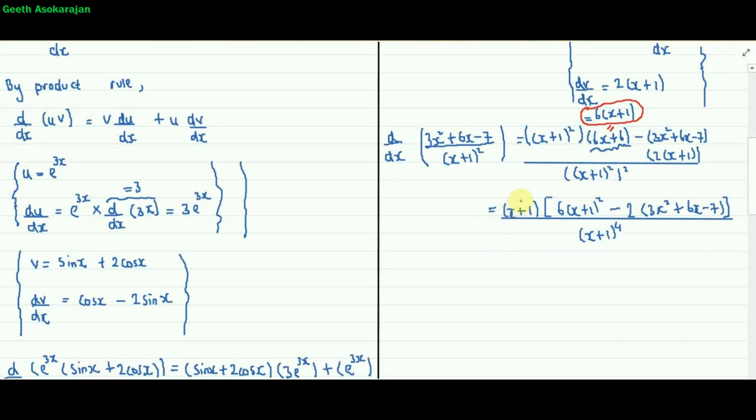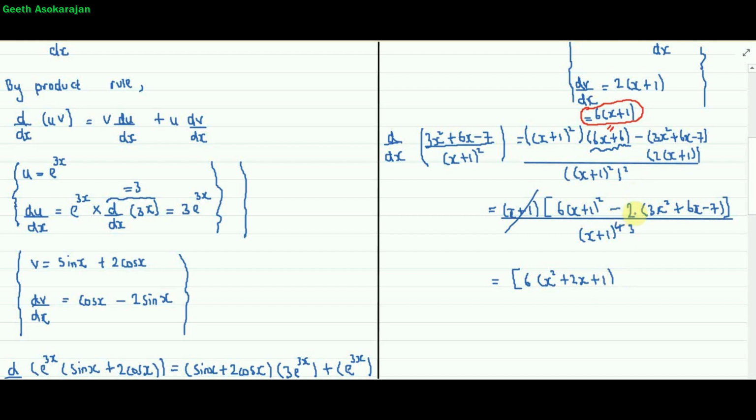Now, as a result of that, I can cancel this x plus 1 with 1 below to give me (x plus 1) cubed. That is what we're going to have below as a result of the factorization. But let's go one further step. Let's get rid of the brackets on the top. So we have a 6. (x plus 1) squared, when multiplied out, will give us x squared plus 2x plus 1.